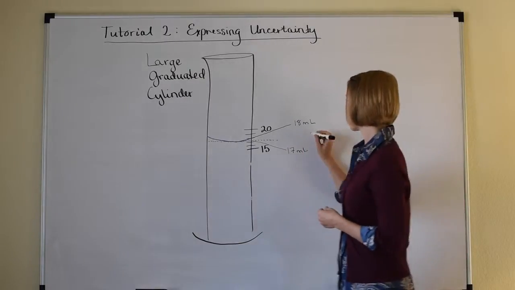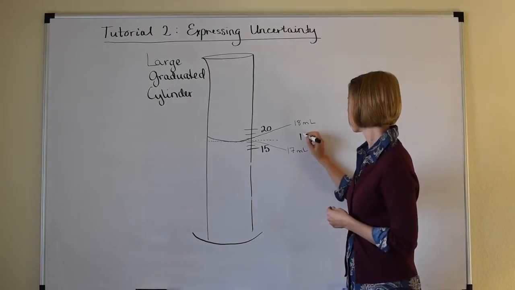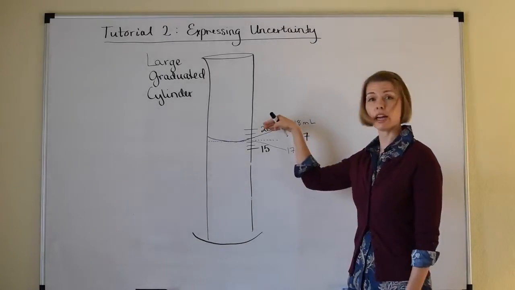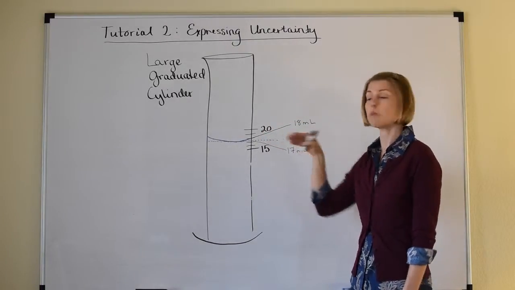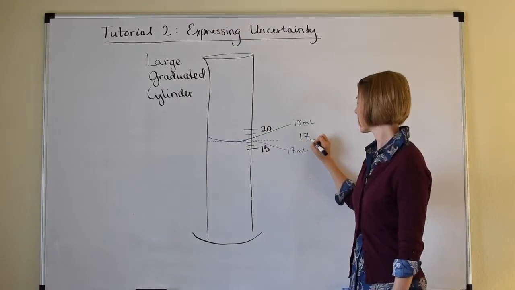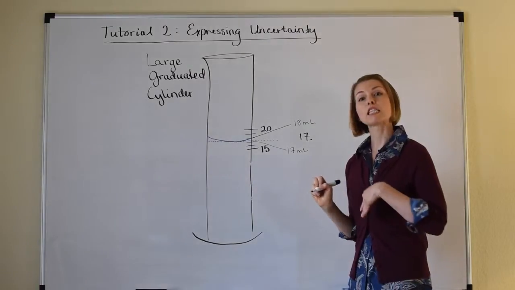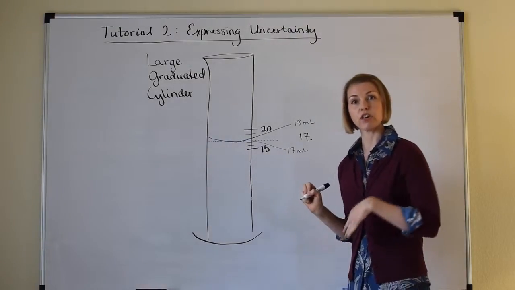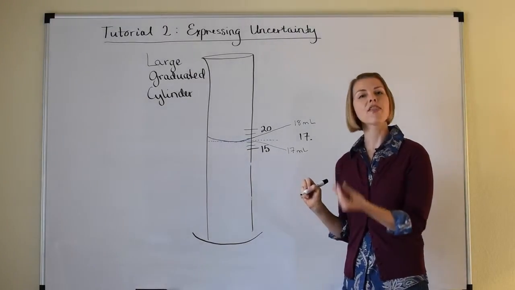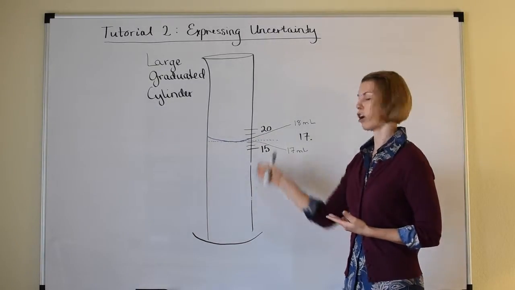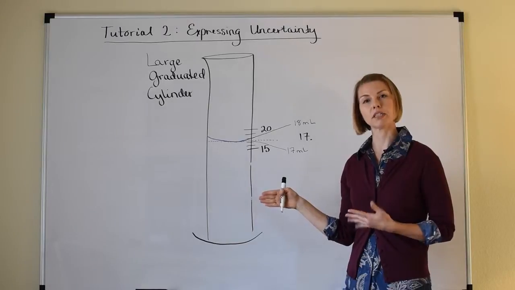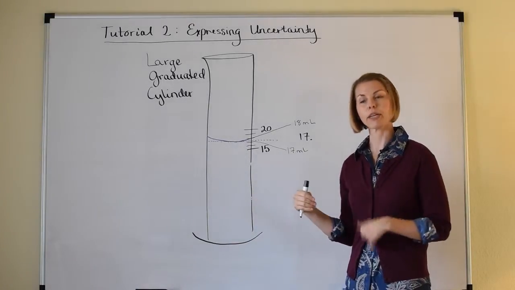So we can say 17 with certainty. It's not to the 18, it's below the 18, but it's over the 17. So it's 17 point something. The 17 part is certain. Now we're going to estimate one additional digit, which is going to be out to the 10th of the milliliter, and that's going to be our estimated digit. That's based on the precision of our graduated cylinder, which only had increments to the whole milliliter. So we're going to estimate to the 10th.